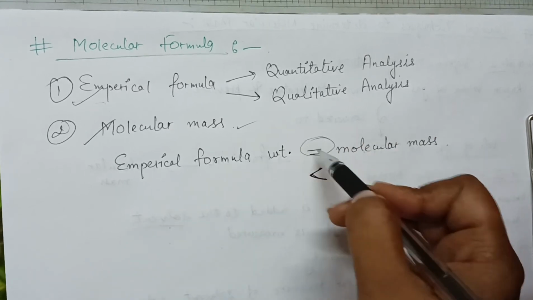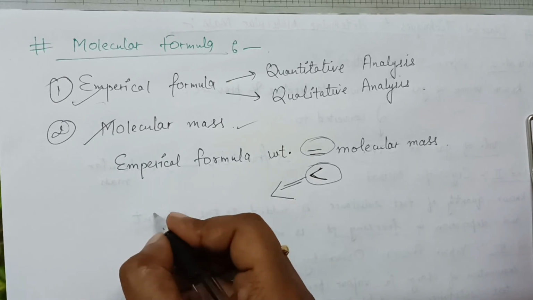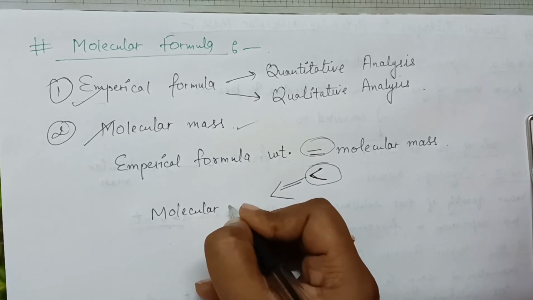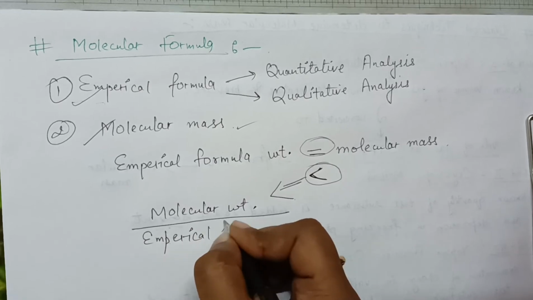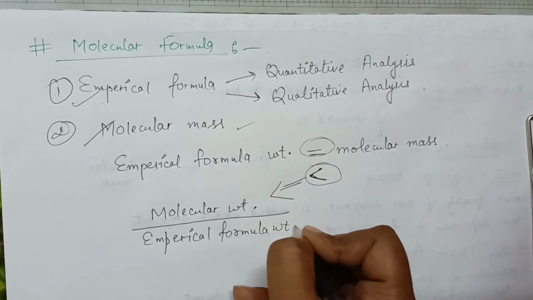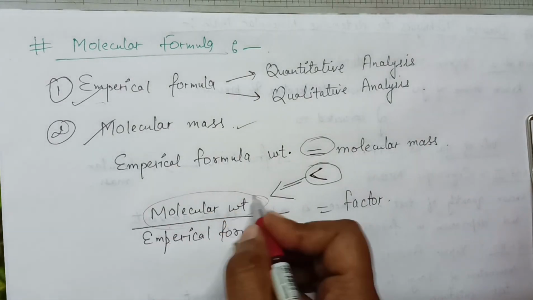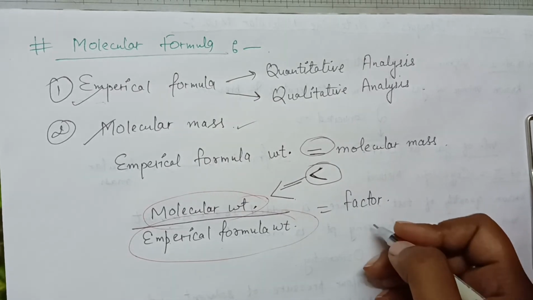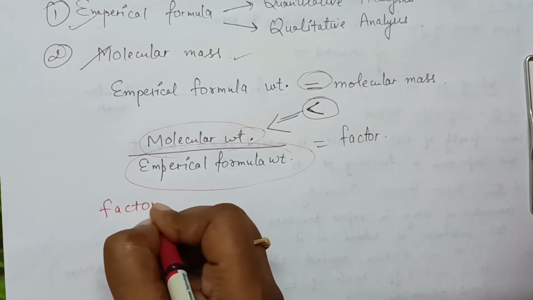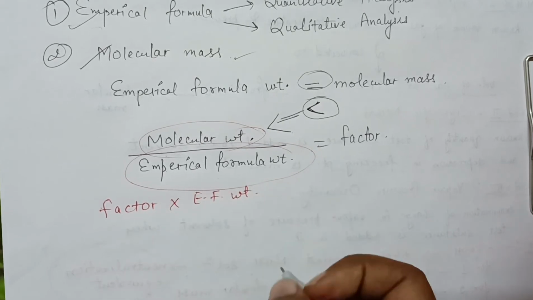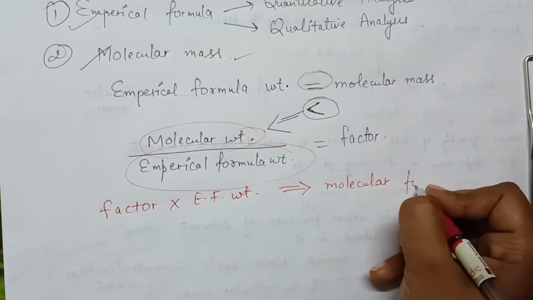In these cases, molecular weight divided by empirical formula weight gives us some factor. Multiplying that factor with the empirical formula gives us the molecular formula.